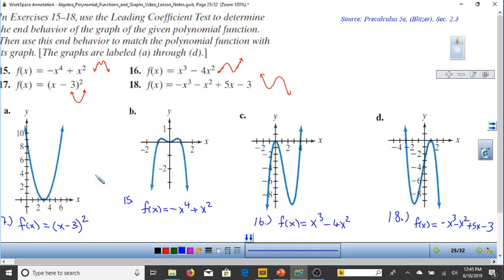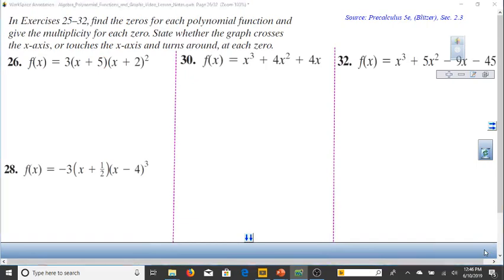So there we have that. Let's do a few more examples here. In this case, we're going to find the zeros of these polynomial functions, and then state the multiplicity of those zeros and whether the graph crosses or touches. If the function is already factored, the zeros are easy to tell, because all we do is take each factor and set it equal to 0.